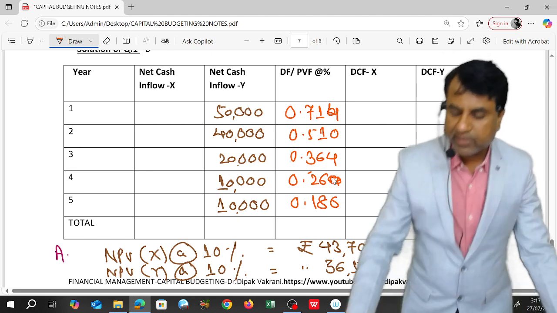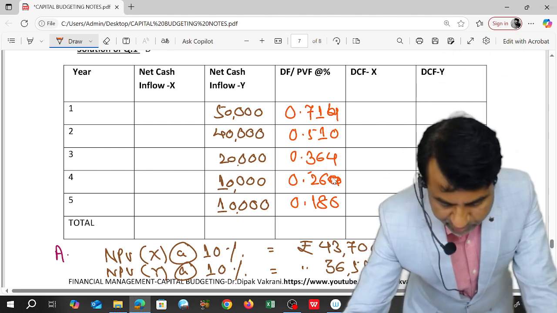So changing here, y का कैलकुलेशन कर लेते हैं अभी फटाफट, ताकि पता चले पॉजिटिव आएगा या नहीं.